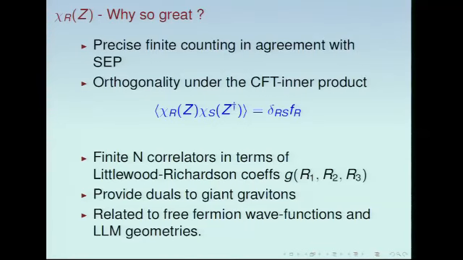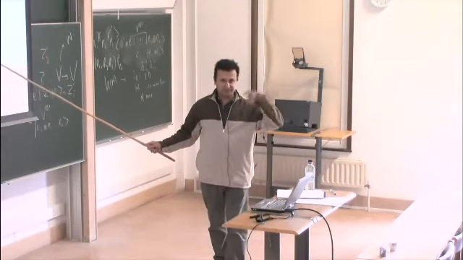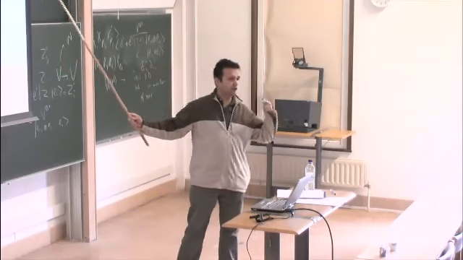And the other nice thing is that they provide duals to giant gravitons. And also, if you remember a little bit of matrix model stuff, these Young diagram operators are related to, let's say one matrix model, which is basically what's going on here, is related to free fermions.